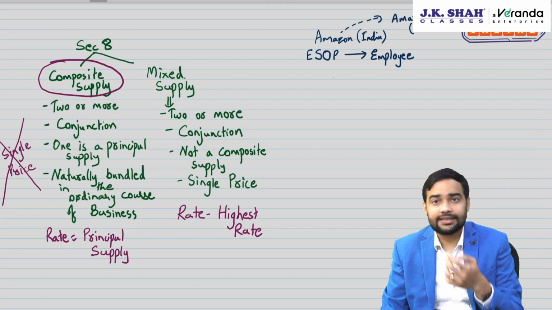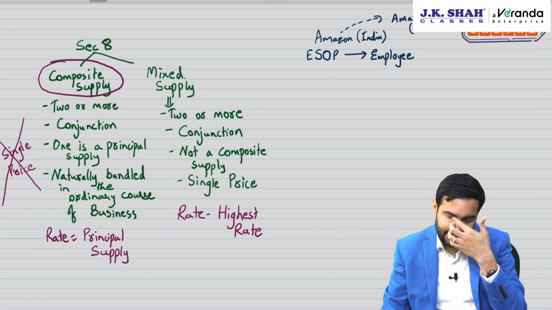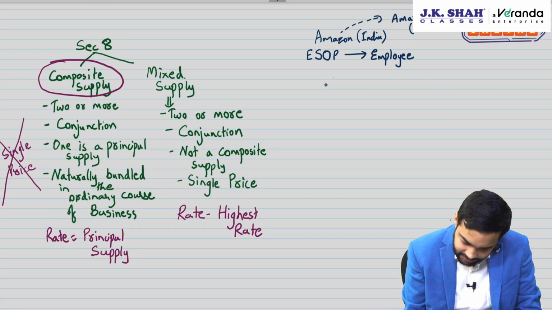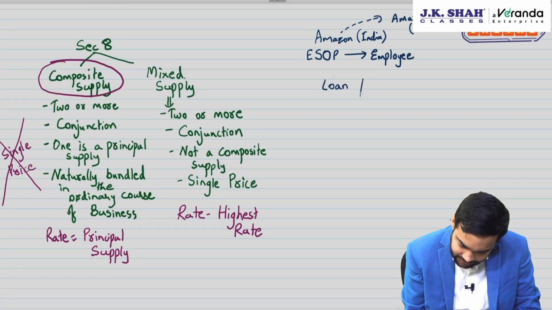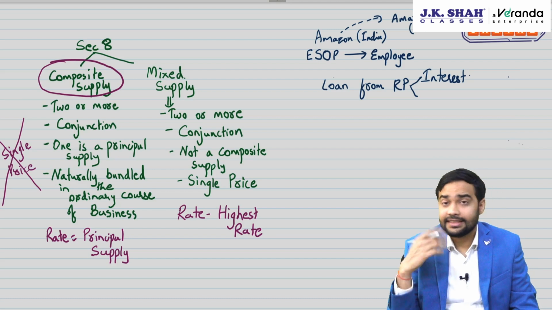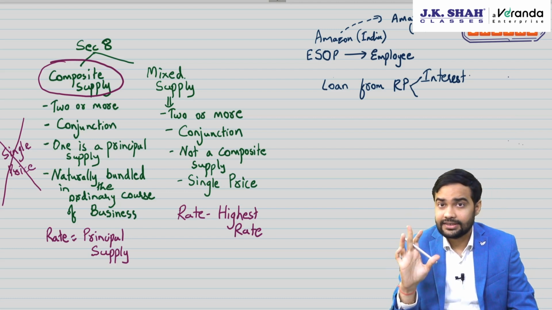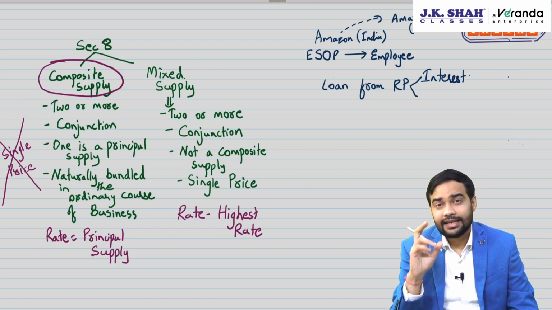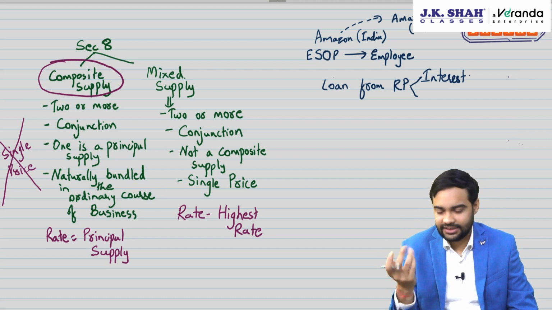Plus say suppose there is a related person transaction and a loan is given, a loan from related persons. Now, they will only charge interest. Interest is an exempt supply, which you will see in exemption revision. So if only interest is charged, no GST anyways.